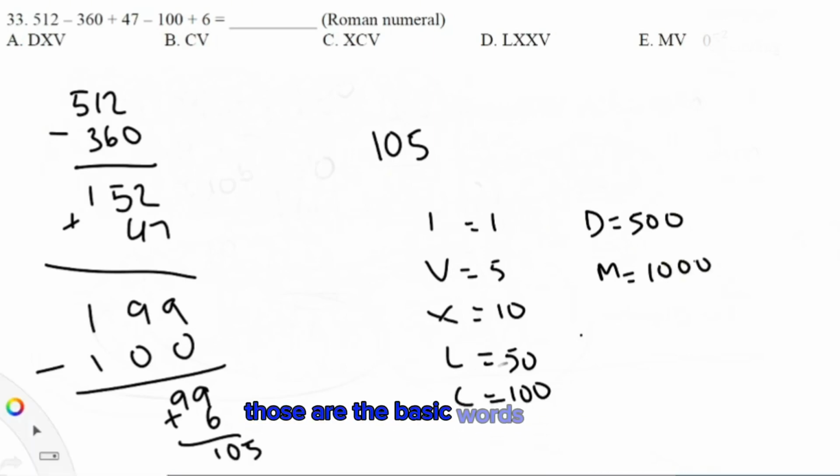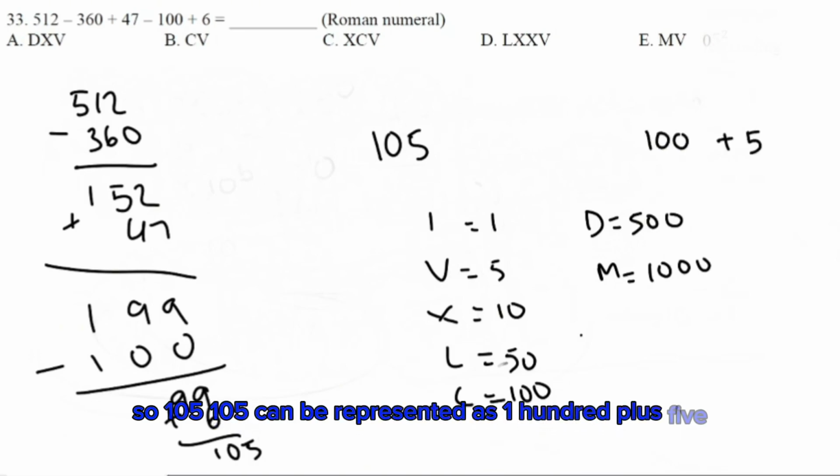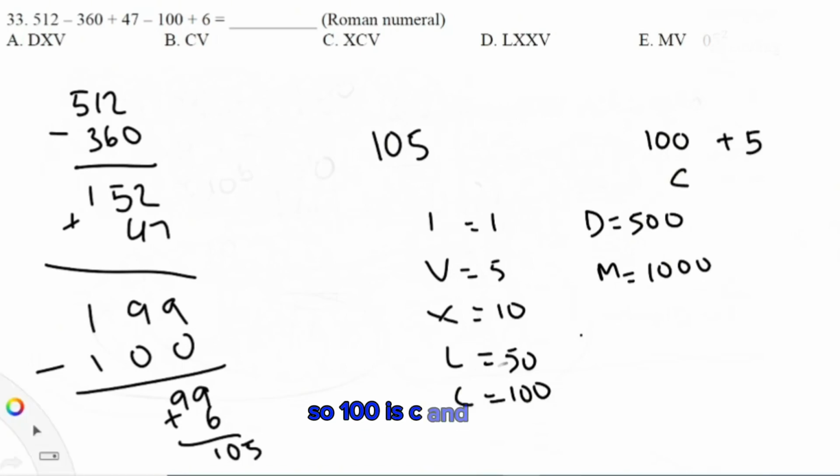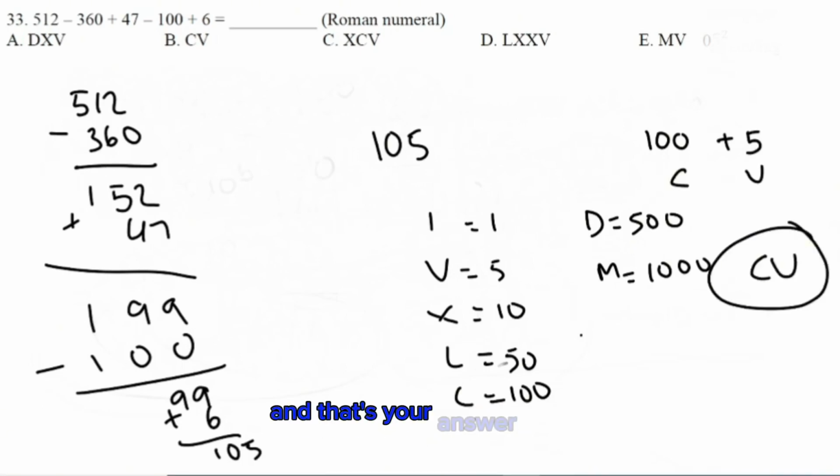Those are the basic ones. As I said earlier, I have a much more in-depth explanation in a video just about Roman numerals, but let's keep going with this problem. 105 can be represented as 100 plus 5. So 100 is C and 5 is V. So that's just C, V, and that's your answer.